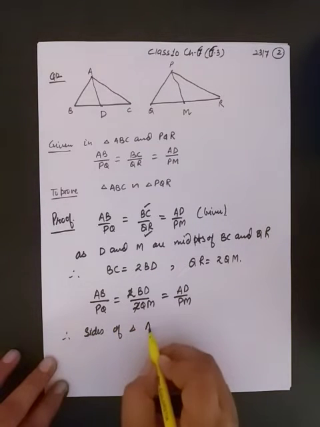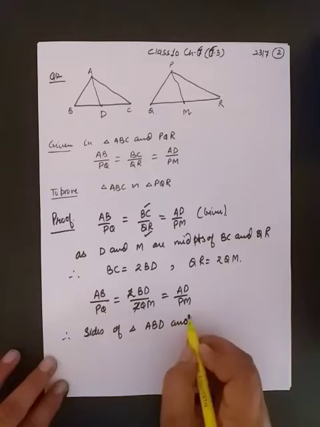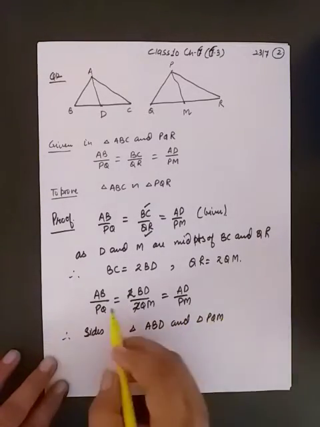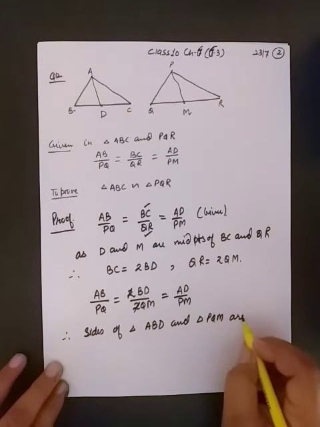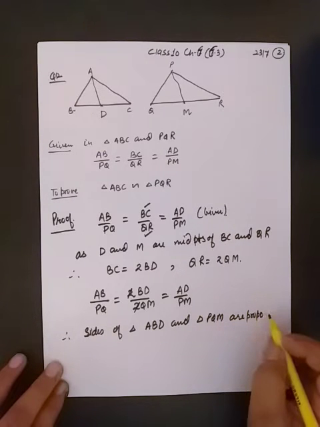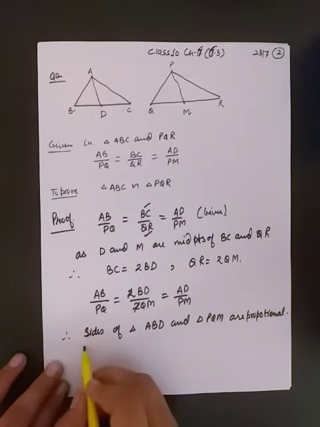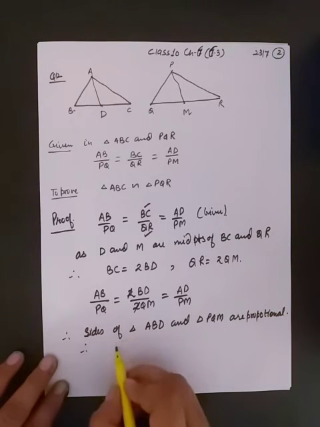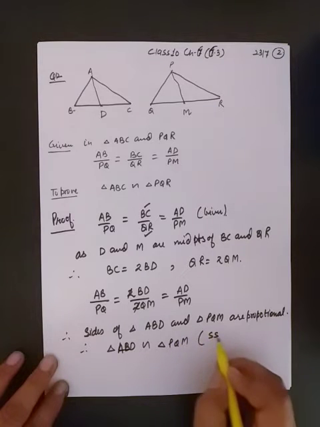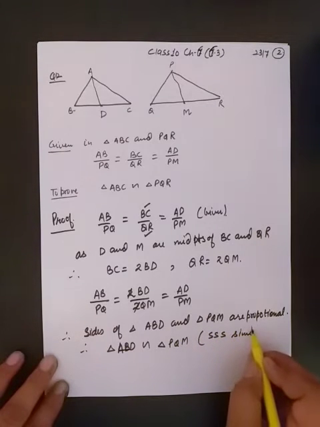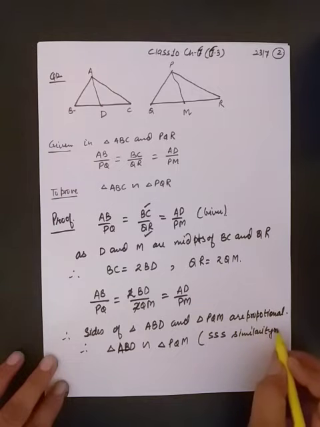the sides of triangle ABD and triangle PQM are proportional. Therefore, triangle ABD is similar to triangle PQM by SSS similarity rule.